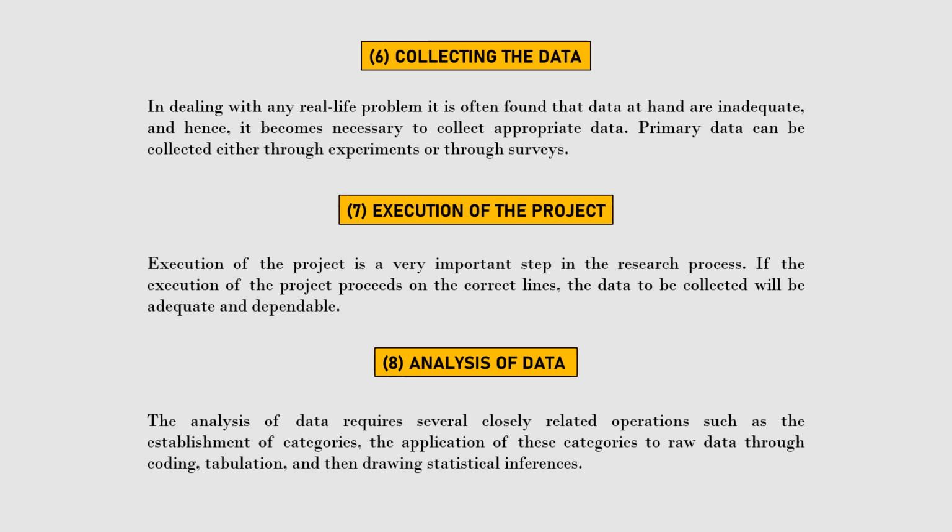So here first coding is done, where the categories of data are interpreted into symbols, then they are tabulated, and then they are counted, or we use statistical operations to draw out some conclusions.